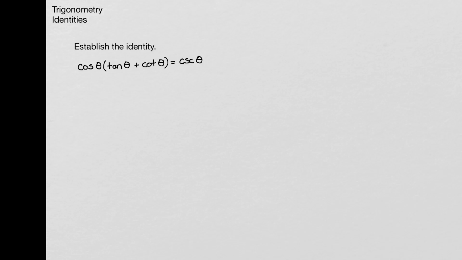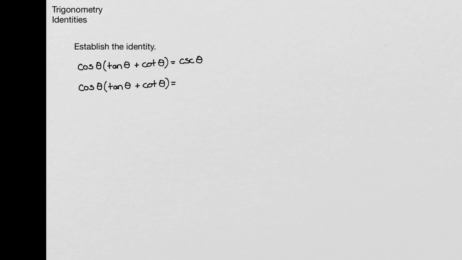So what I'll do is I will take the left-hand side and through the miracle of copy-paste, there we go, it's right there. And so I have that first, and now I'll show my first step. Very often we're using algebra steps as well as the trigonometric identities that we have established already.